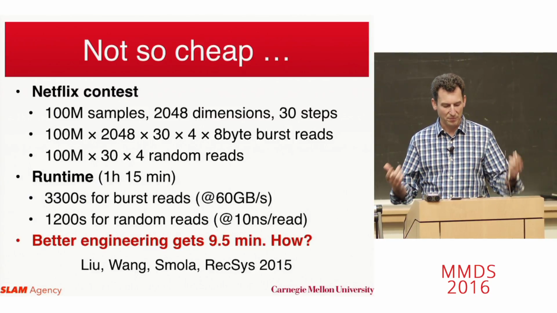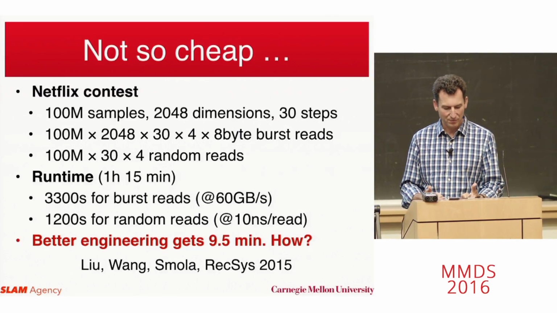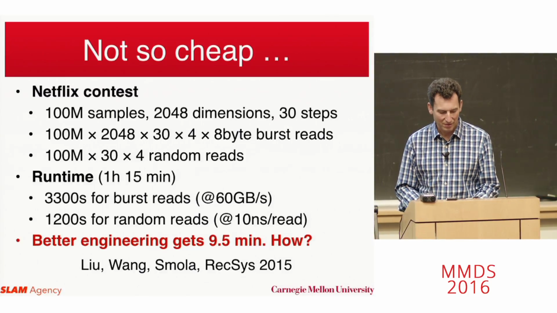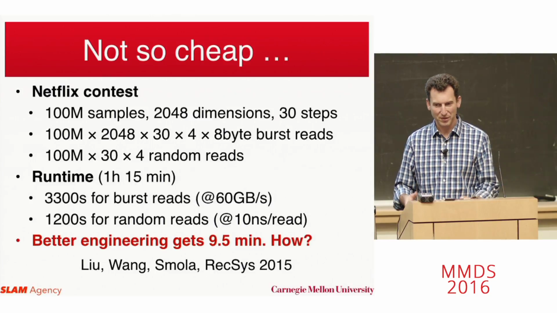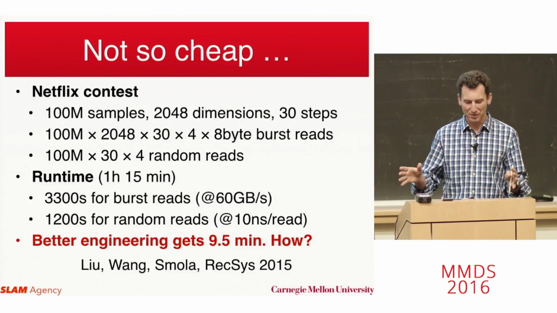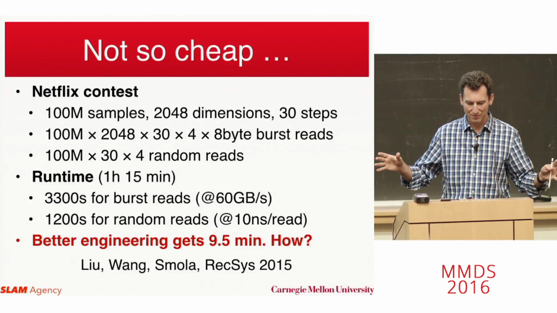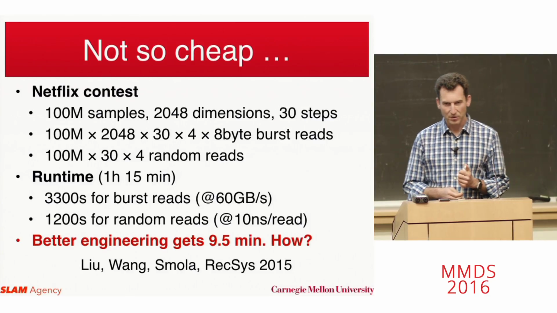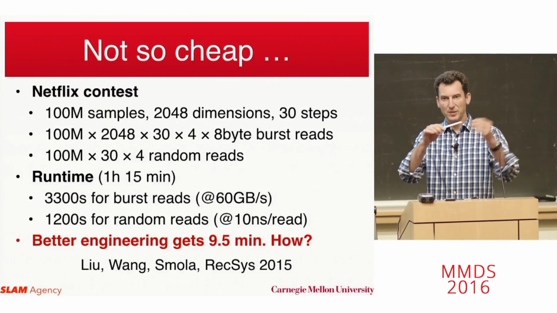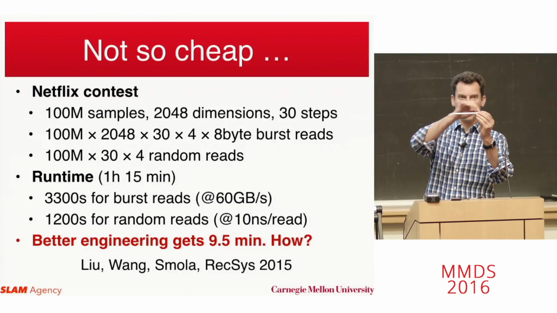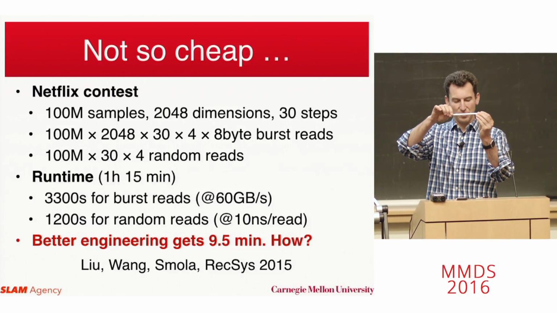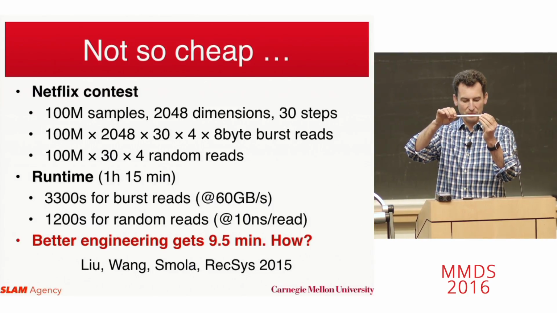Well, we have 100 million times 2048 times 30 times 4 times 8 bytes, because I'm doing the stupid thing and storing it as double, burst reads. Burst reads basically means once I start reading at one location, all the subsequent reads are a lot cheaper. They're about a factor of 10 cheaper.